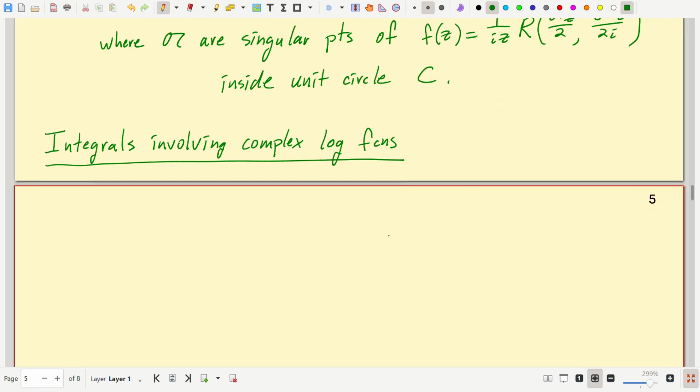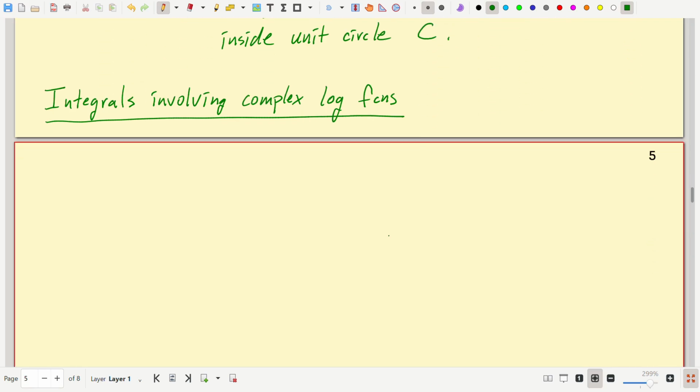This kind of doesn't look like it's going to involve a complex log function because it's going to involve a square root. I'm going to calculate the integral from 0 to infinity of 1 over the square root of x times x plus 1 dx.